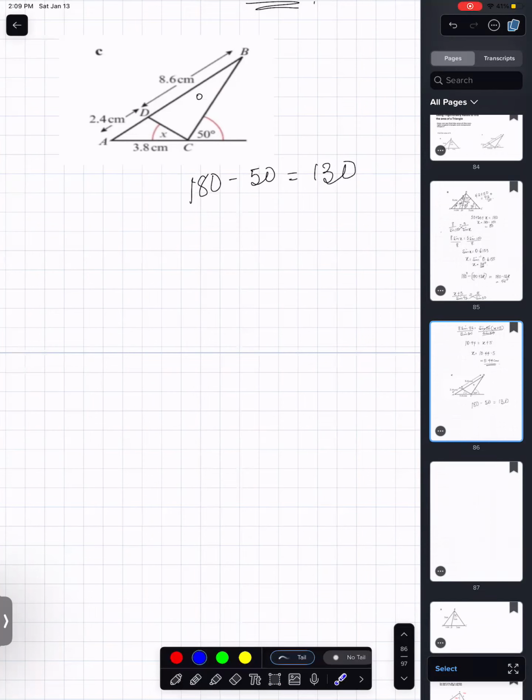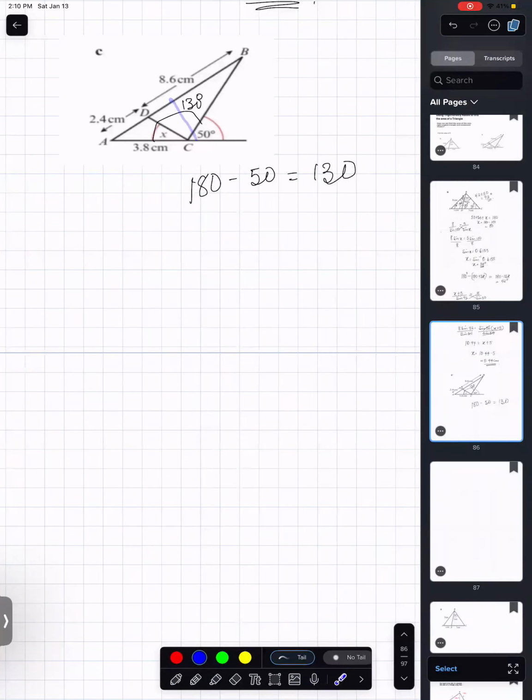If this is 130 degrees, I need this angle to proceed, and I need this angle to solve for my missing angle x. So I'm putting my 130 angle here. If you look at this, it is opposite to 130 degrees.